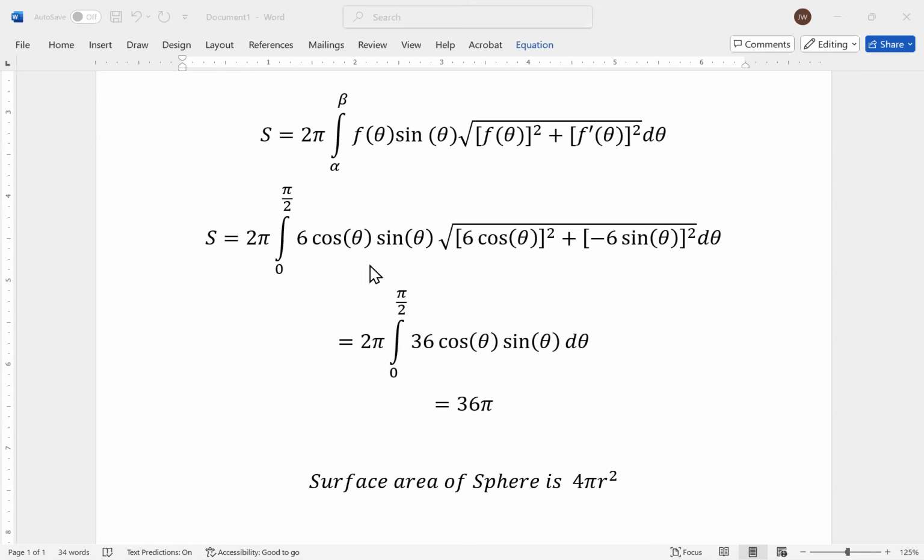So you could have gone and done this whole thing by hand and proved that the surface area of a sphere is 4 pi times radius squared. There are easier ways to do it than this example, but this is one example where you can see that.